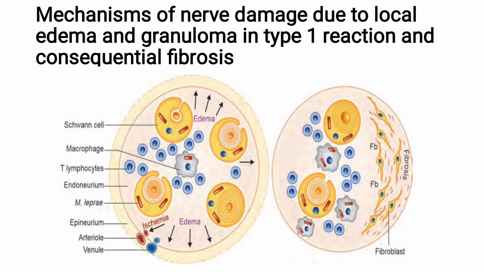The mechanism of nerve damage is due to local edema and granuloma in a type 1 reaction, and consequential fibrosis, with granuloma damaging the skin structure and a reactional edema.